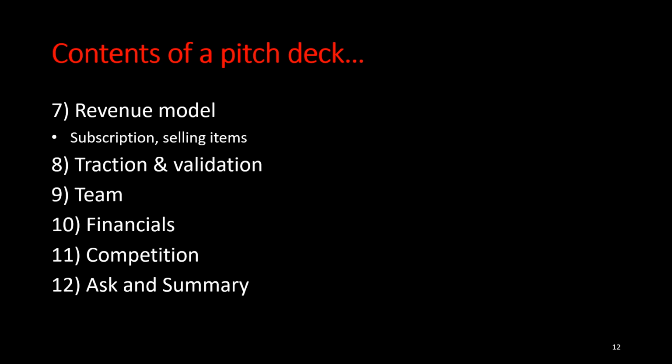So you'll be different from your competitors by offering XYZ, which is not offered currently by your competitors. And the last slide is the ask and the summary. So at the end of the day, when you pitch, there's something in mind. As I said earlier, with the investor's pitch, you want partners, you want investors to invest in your solution.